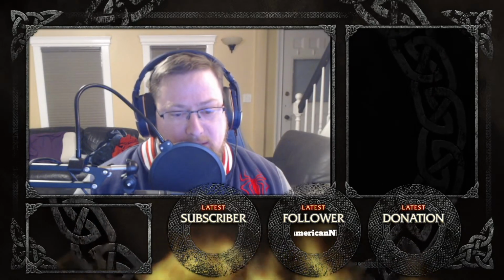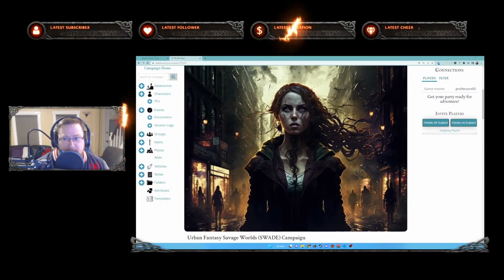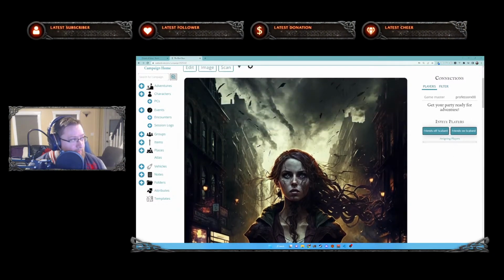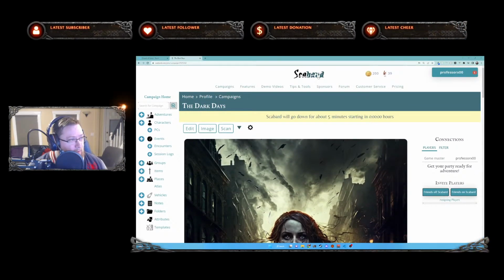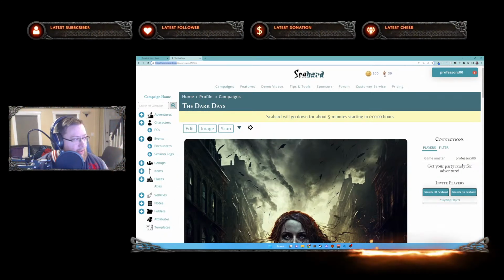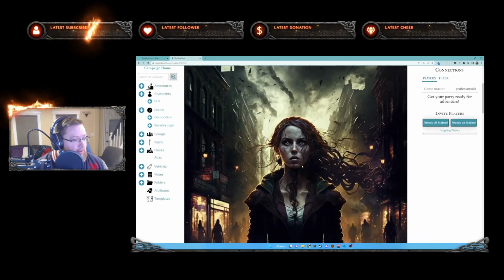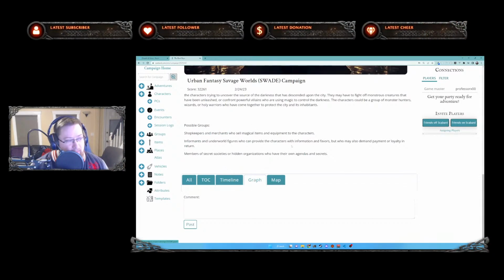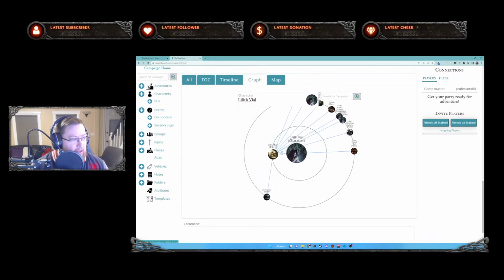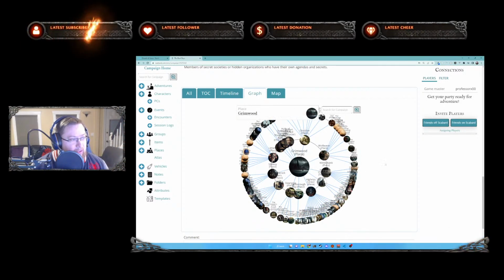I'm going to switch over to this, which is Scabbard. Scabbard.com online. What's neat about Scabbard is you have what they call a graph system. Grimwood is my main place.